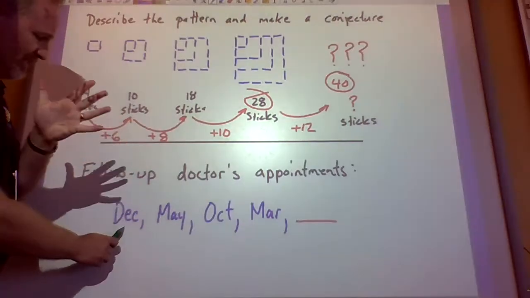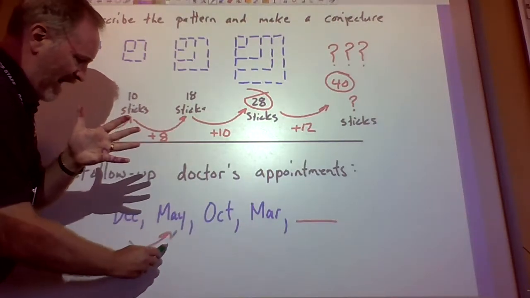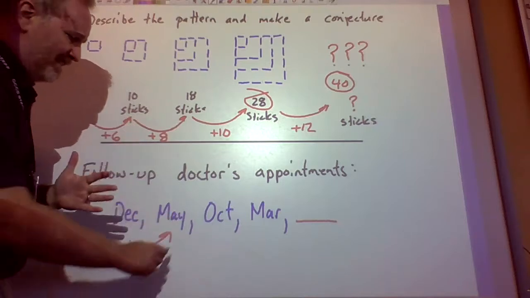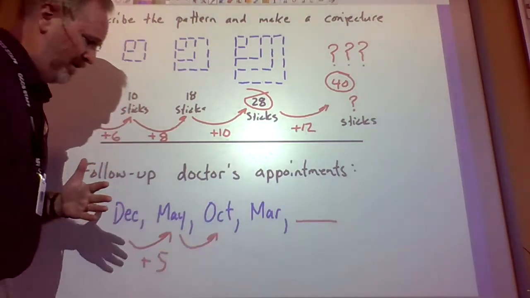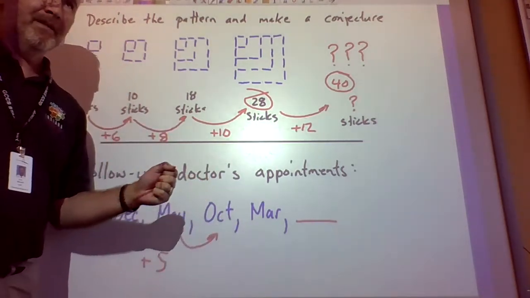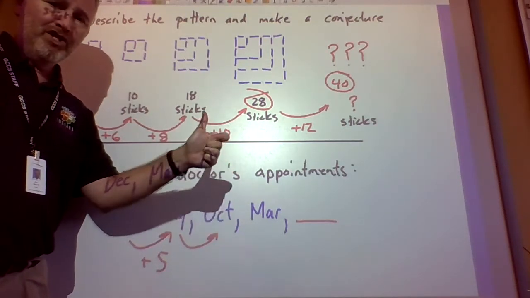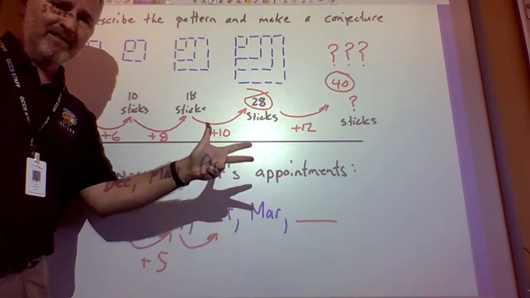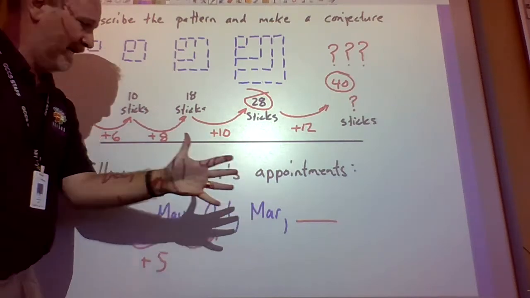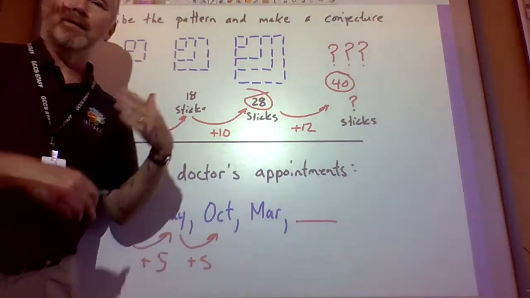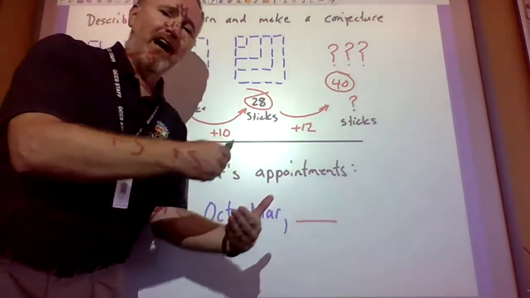So between December and May, 5 months have gone by, right? And now let's check and see if that holds up from May to October. So I'm at May. Let me see if I remember my months. May, so then I would go June, July, August, September, October. Again, yes, that is 5 months later. So the pattern must be these appointments are every 5 months.